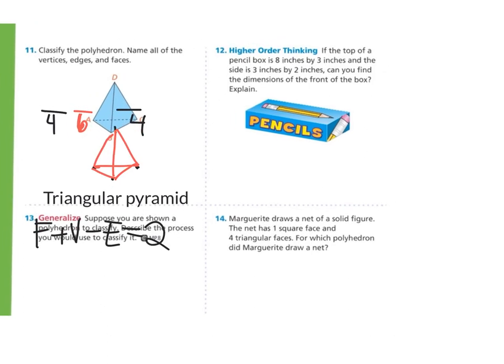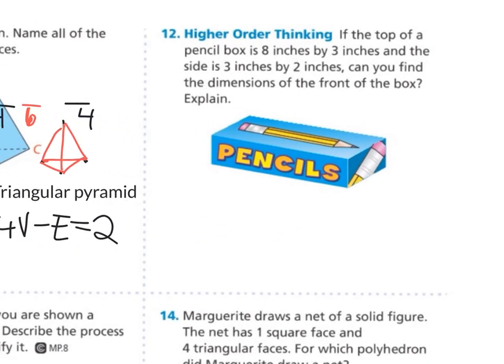Number 12 says if the top of a pencil box is 8 inches by 3 inches and the side is 3 inches by 2 inches, can you find the dimensions of the front of the box? So we can label some things here. 8 inches by 3 inches, and then this side is 3 inches by 2 inches, so we've got the 3 already, there'd be a 2. Can we find the dimensions of the front?